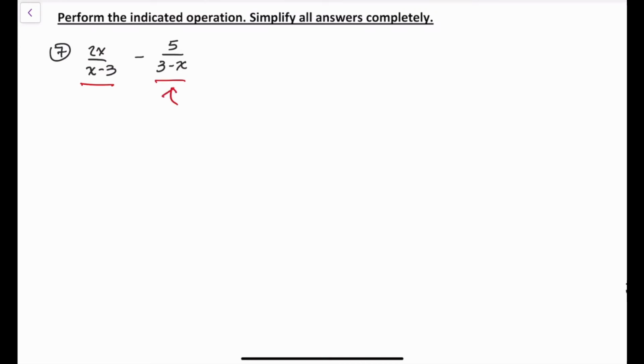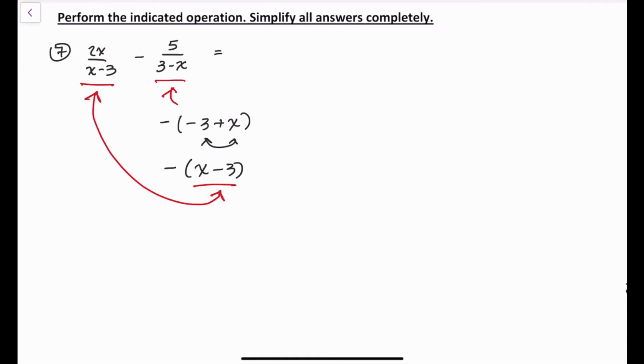Okay, 7's a little tricky. Again, the second denominator, it's almost the same, but not quite. So when you see it reversed like this, we need to factor out a negative. So if I factor out a negative from that second denominator, that's going to allow me to switch the order around and get x minus 3, so the denominators match. Now, I'm already subtracting in this problem.